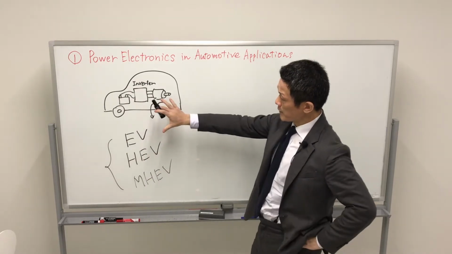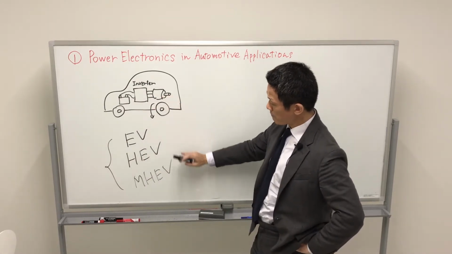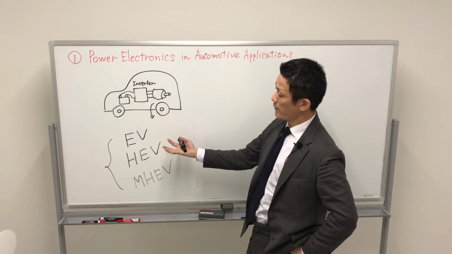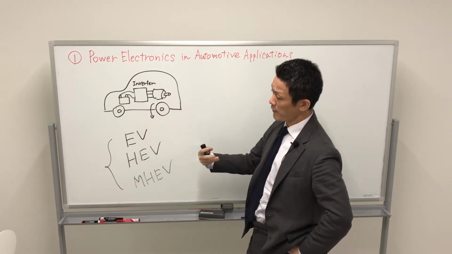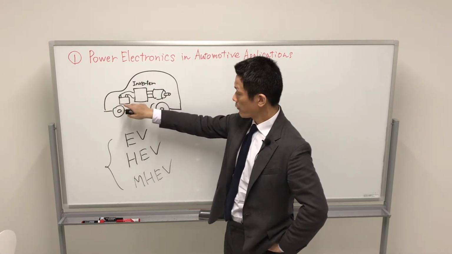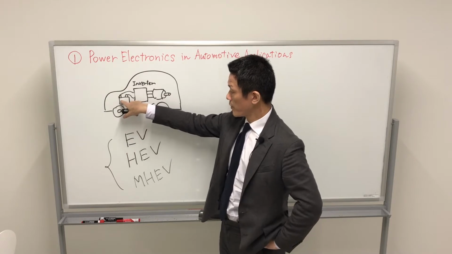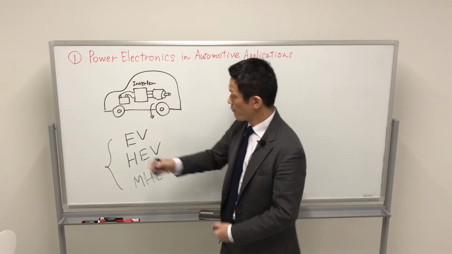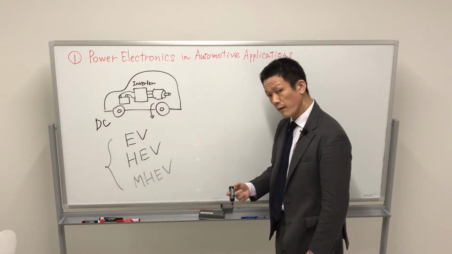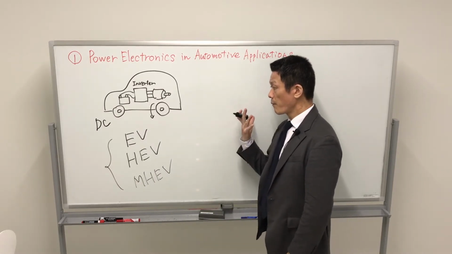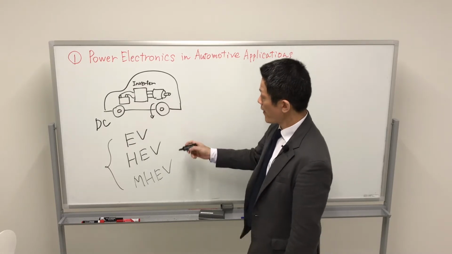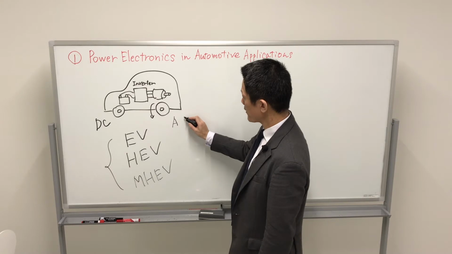But in case of each electric vehicle, the main energy source is the battery, and the battery is DC, direct current. However, many AC motors require AC, alternating current.